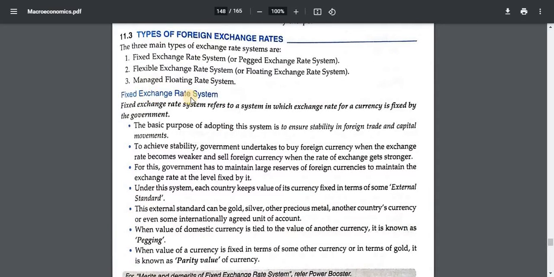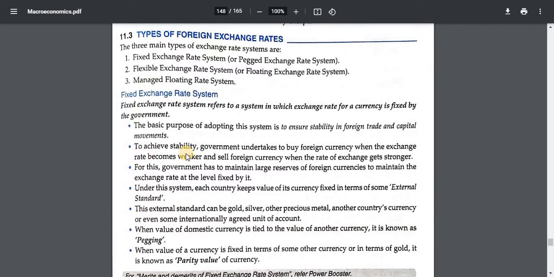Fixed exchange rate system. Fixed exchange rate system refers to a system in which exchange rate for a currency is fixed by the government. The basic purpose of adopting this system is to ensure stability in foreign trade and capital movements.